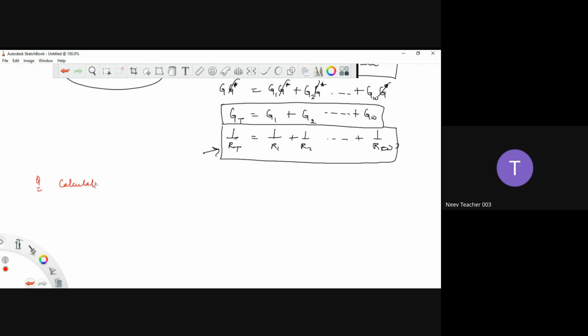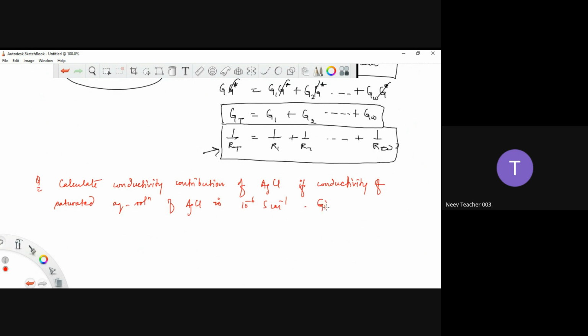Calculate conductivity contribution of AgCl if conductivity of saturated aqueous solution of AgCl is 10 to the power minus 6 Siemens centimeter inverse.